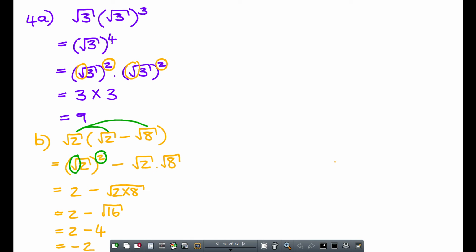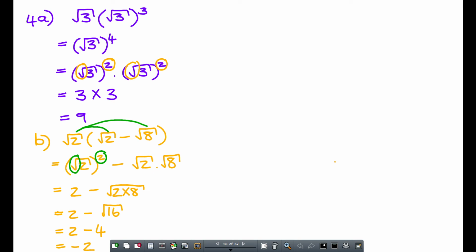Okay, now number 4 said simplify. Square root 3 times square root 3 to the power 3. That is actually the same as square root 3 to the power of 4. And now you see that because of that 4, some of you might have been able to skip directly to this. Then you'd have 3 to the power of 2, which is equal to 9.